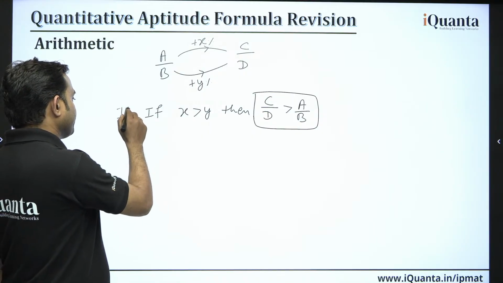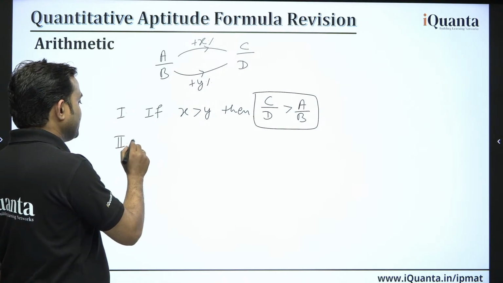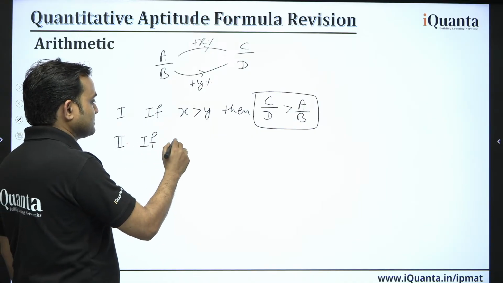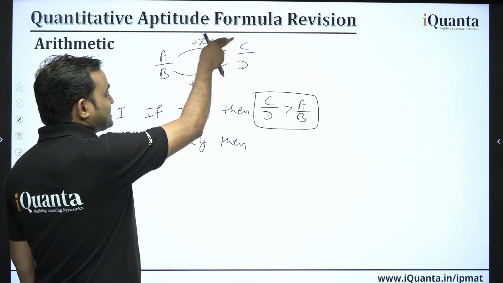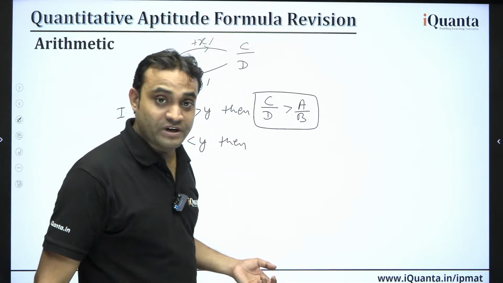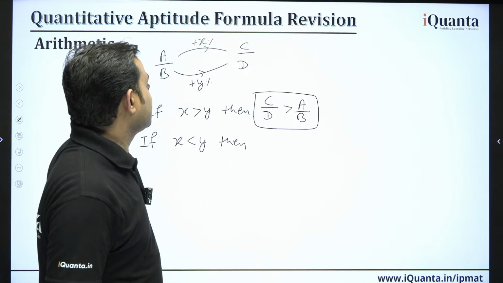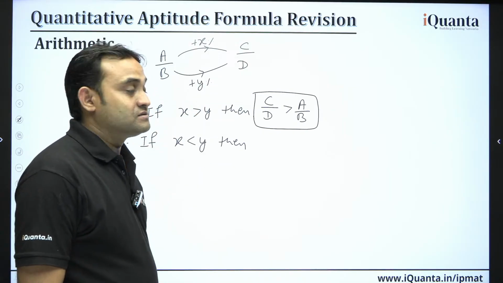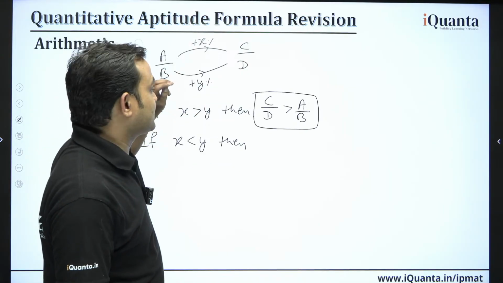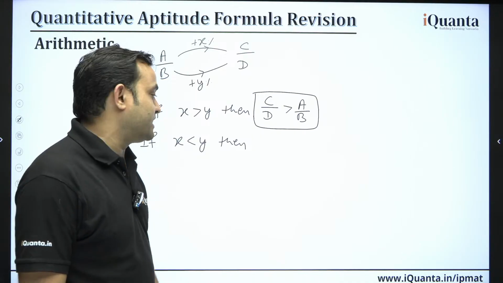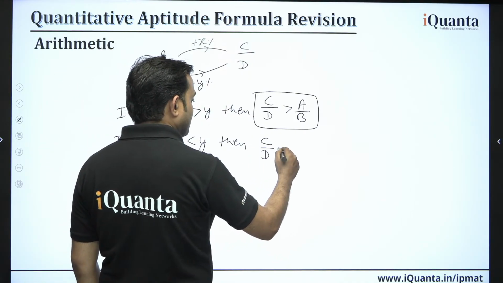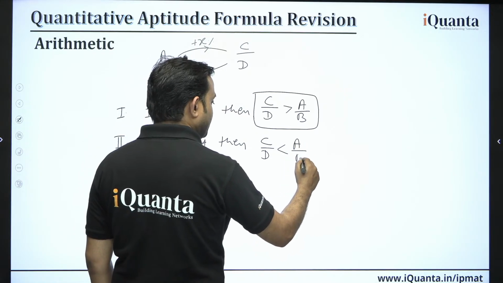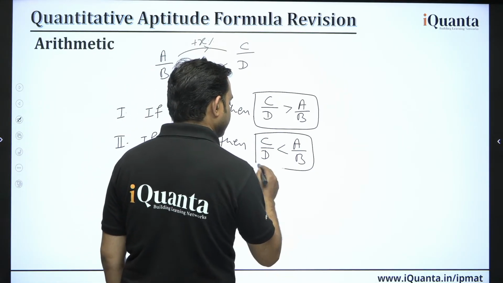Similarly, if it is given that x is less than y, meaning the percentage change in numerator is less than the percentage change in denominator, then we can say that c by d will be less than a by b.